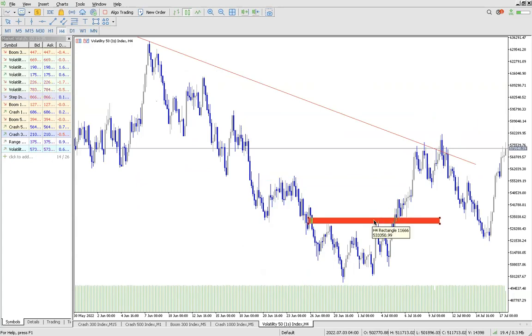It was here, right? And since I'm working with a 4-hour time frame, I can't put my stop loss here because it will be too far. So I would scale in a smaller time frame.